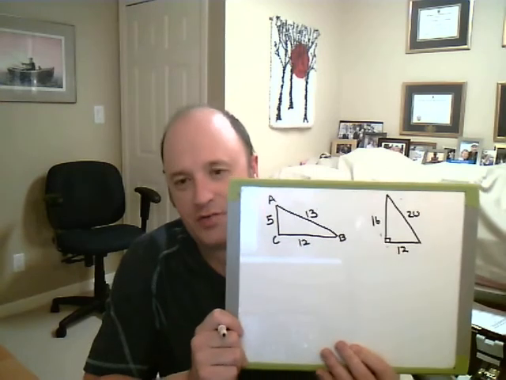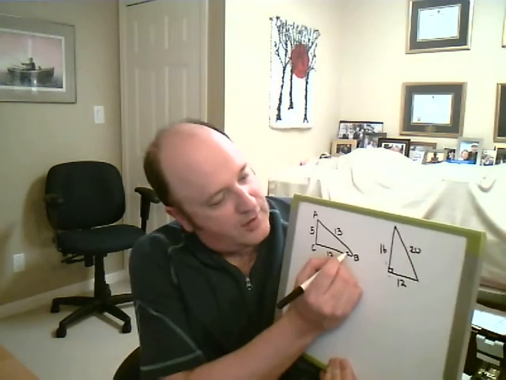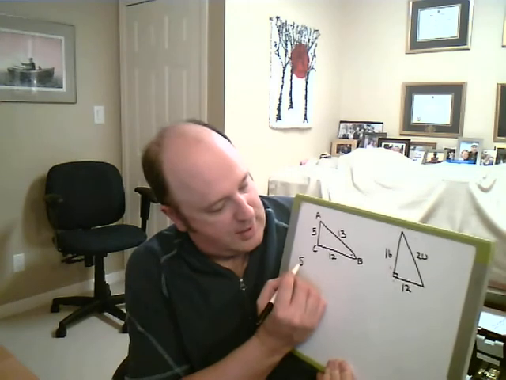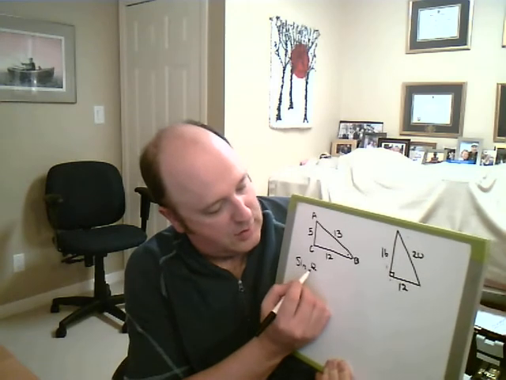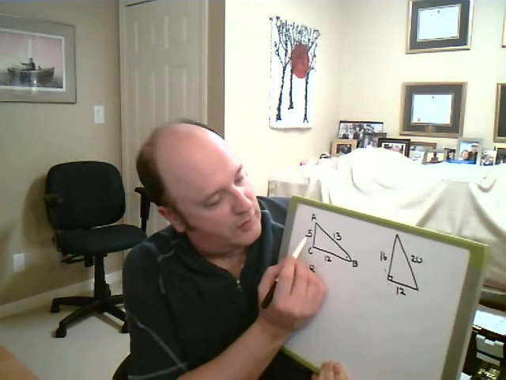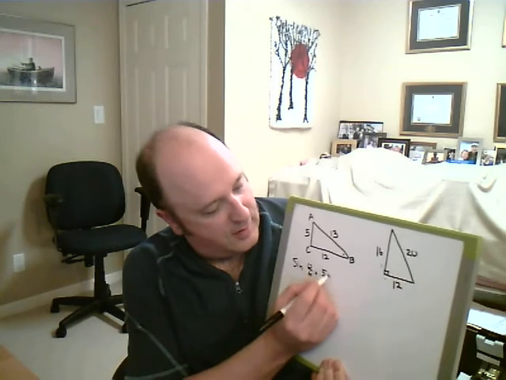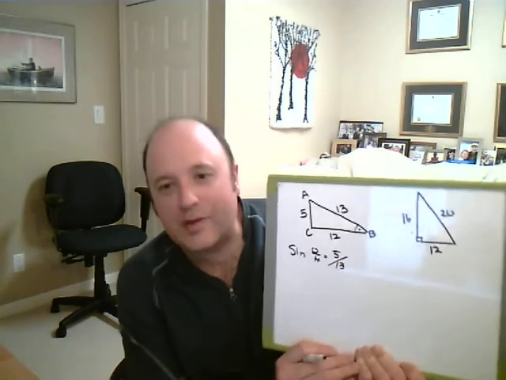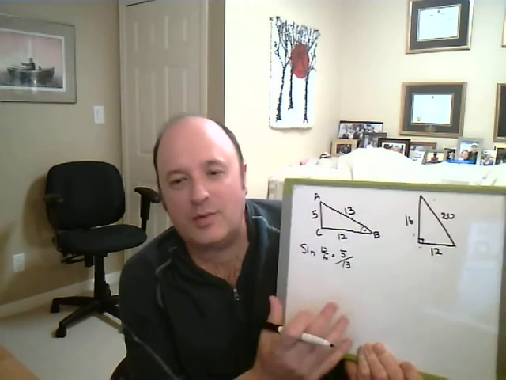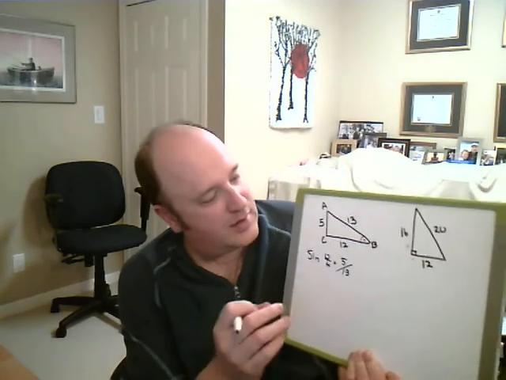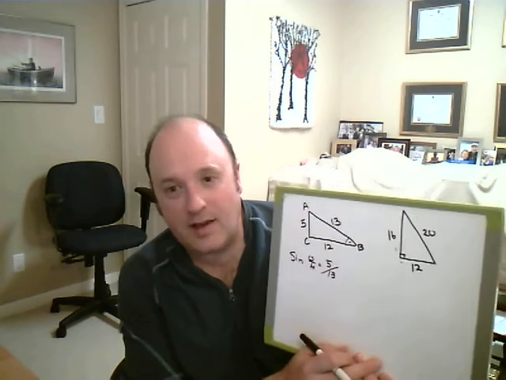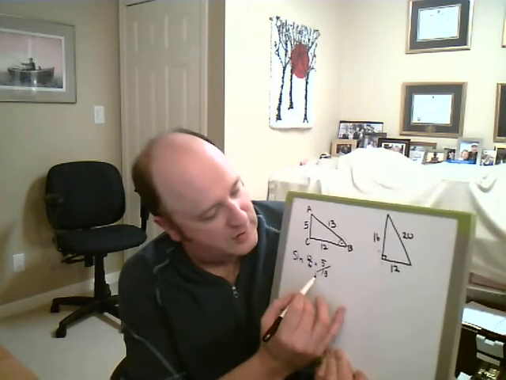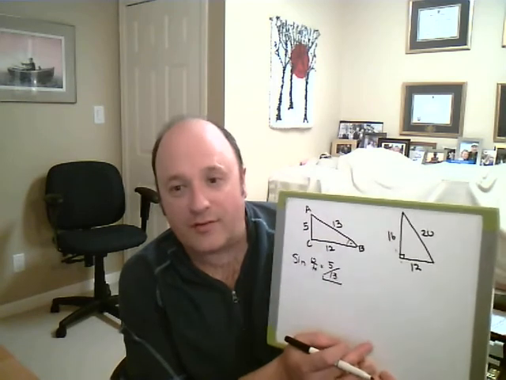If I ask you for the sine of B for this one, sine is opposite over hypotenuse, so 5 over 13. This angle here is probably like 20 degrees or something like that, and your calculator will have the ability to know that and pop out this fraction or whatever the decimal is for that fraction.